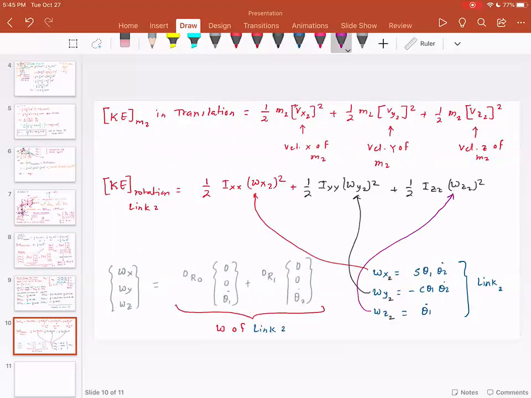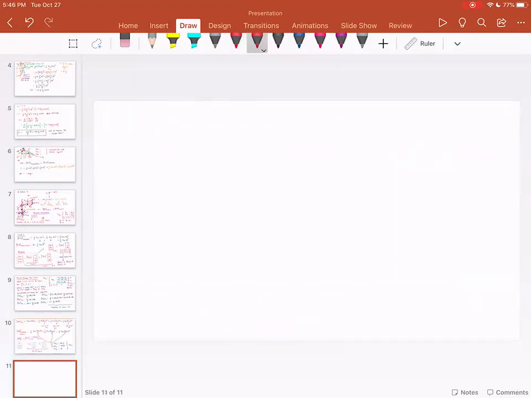Now the total kinetic energy. The total kinetic energy is nothing but the kinetic energy in translation for mass 2 plus the kinetic energy of rotation for link 2, and that gives you the total kinetic energy for link 2. So the total kinetic energy is the kinetic energy for 1 plus the kinetic energy for 2.